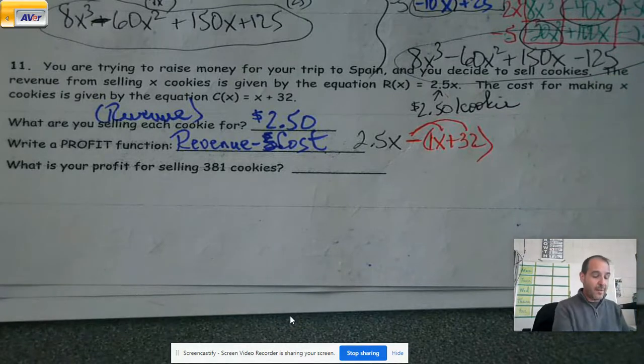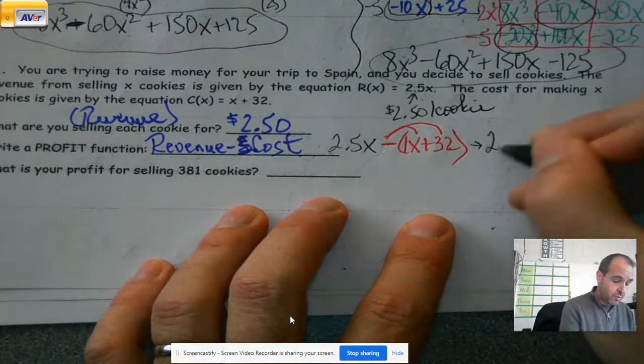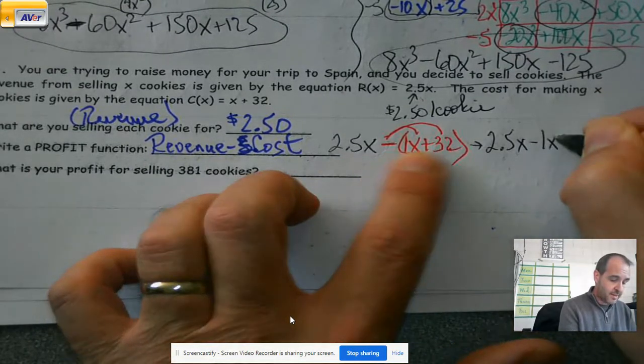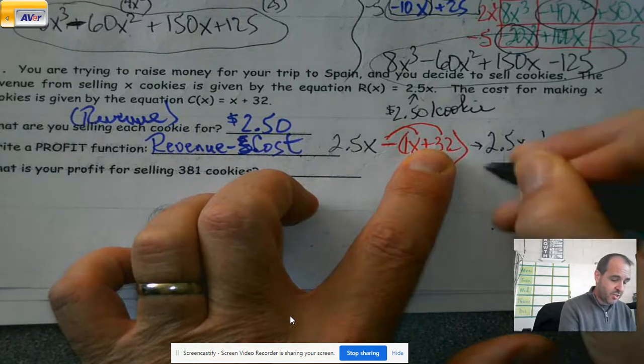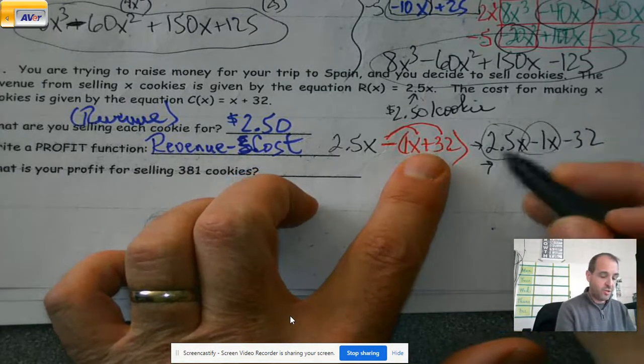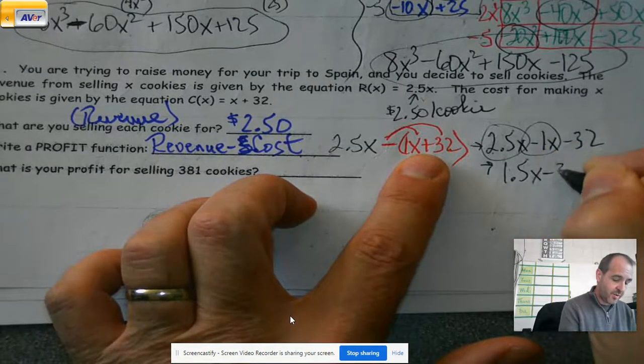And don't stop here. Let's simplify it. 2.5x, and that'll be negative 1x minus 32. And if I combine my like terms, 2.5 minus 1 is 1.5x minus 32.